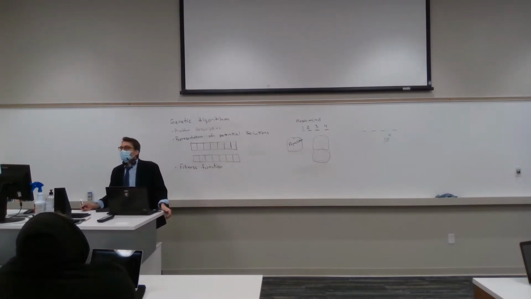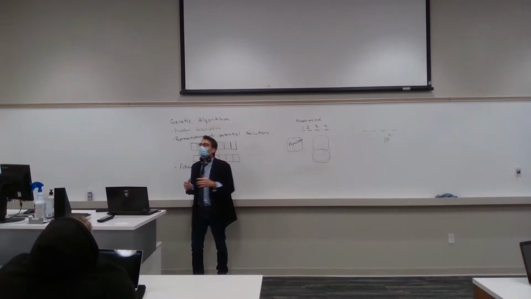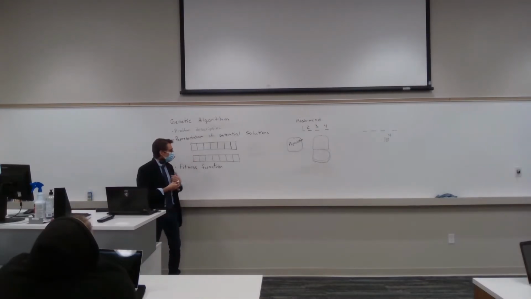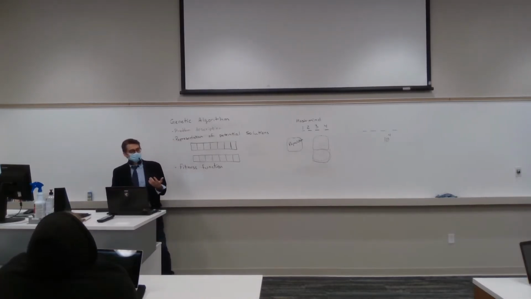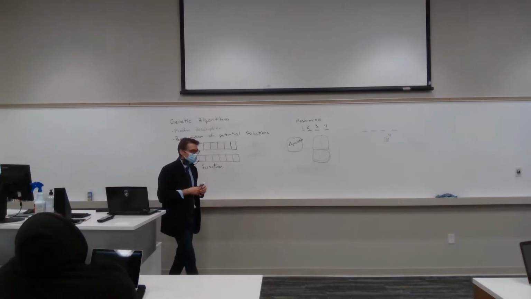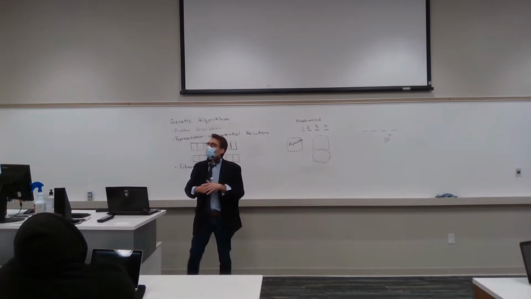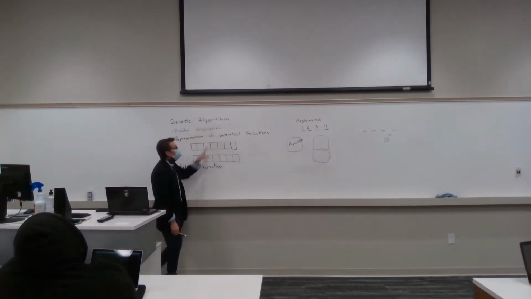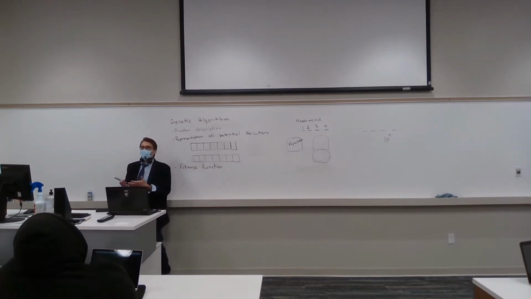All right? Now, if we know 1, 2, 3, 4, then it defeats the whole purpose, right? So the idea is in a genetic algorithm that we're creating trying to solve a real problem, we have to figure out what our fitness function is going to measure so that we know what a good solution might look like, even though we don't know what the solution is. So for the fitness function, from the algorithm perspective, it just gets back a number and has to do something with that number. Right?